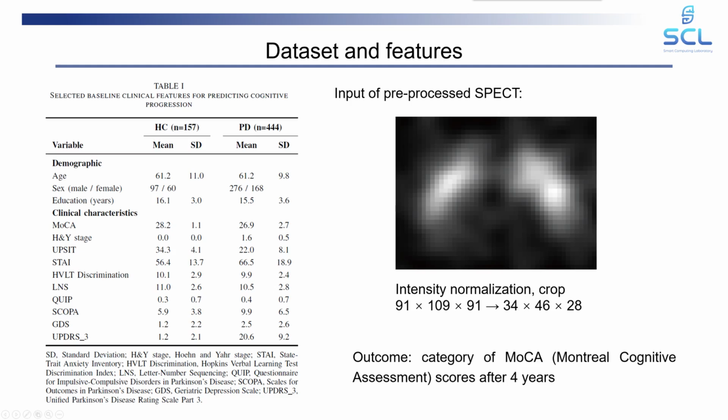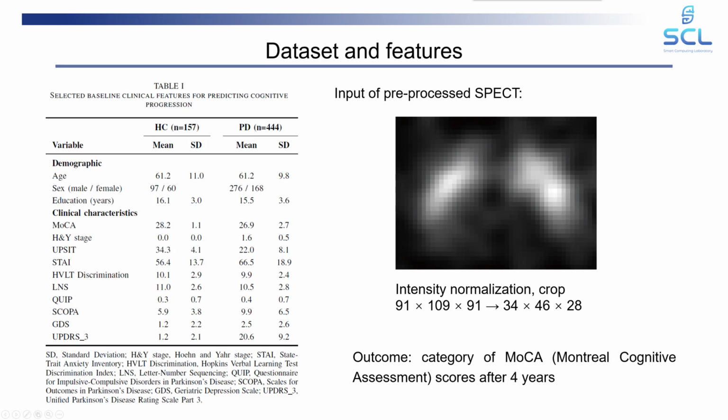In the end, we had 164 participants with abnormal scores and 437 with normal scores. We used three demographic and 10 clinical features that previous research has shown to be linked to MoCA scores in the 4th year.